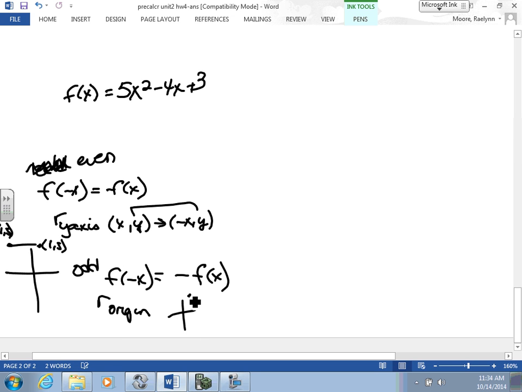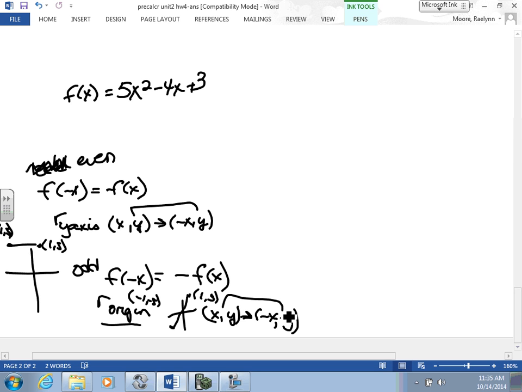If I take this point 1, 5, and I reflect it through the origin, what should that point be? Negative 1, negative 5. So our rule for a reflection through the origin is take your xy. If you negate your x, you negate your y. So the value of your function is negating as well.